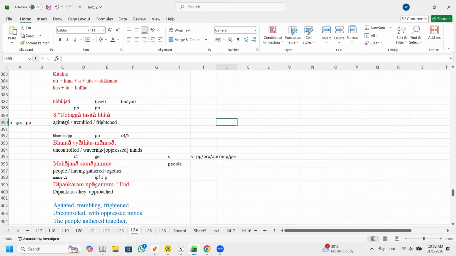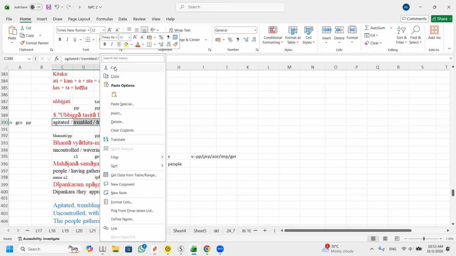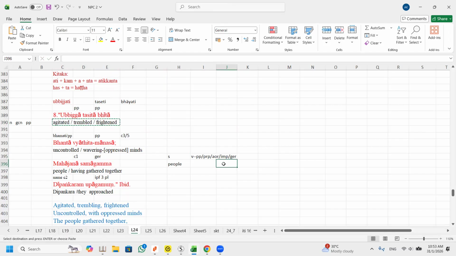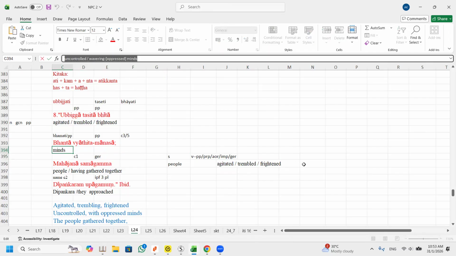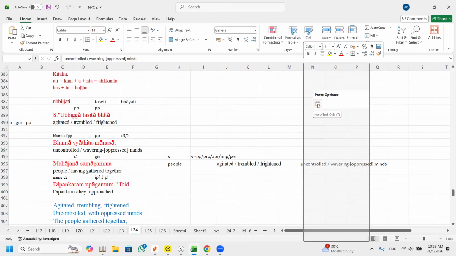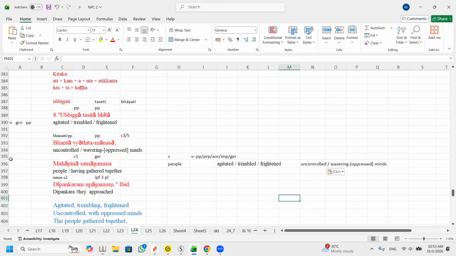We put all of this in. I'm going to put the top one first. Copy, put here first. Paste, and then here. So technically this is the verb.